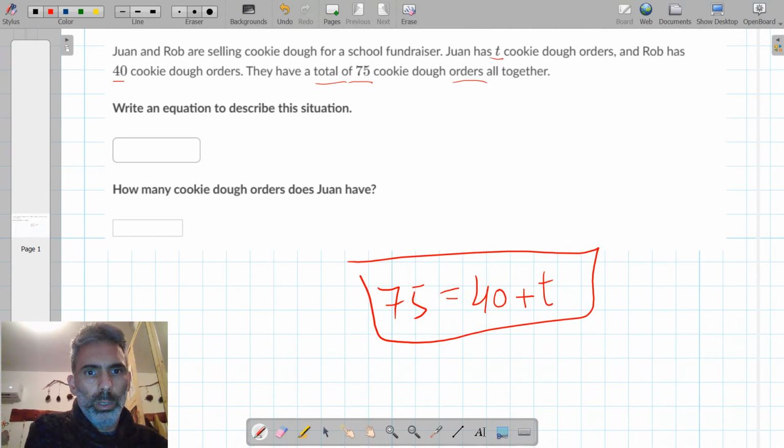And how many cookie orders does Juan have? That is the t. So to isolate the t, we need to subtract 40 from both sides of the equation. So it means that 75 minus 40 equals t.